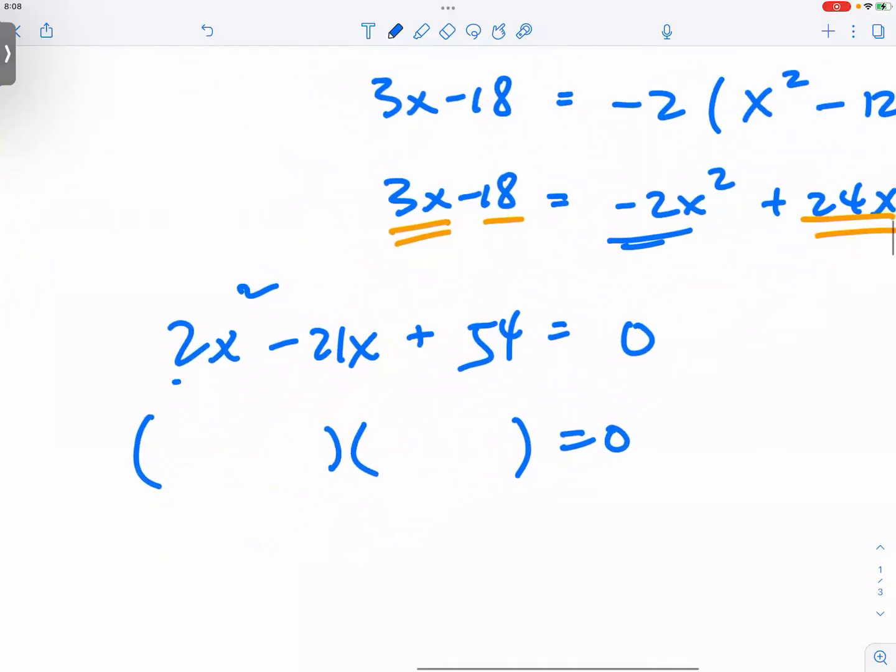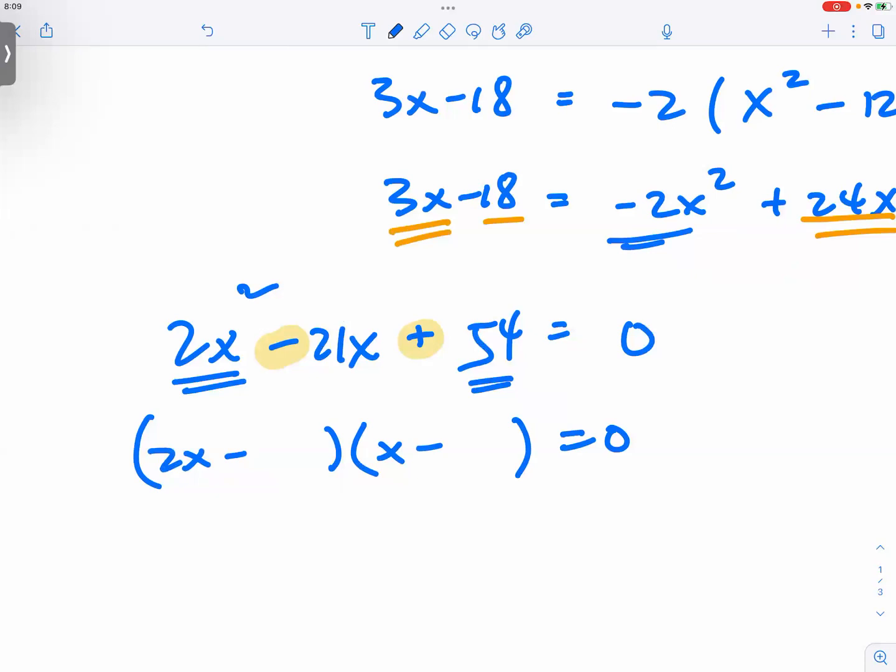And we say, well, it's 2x squared, right? So it's got to be 2x and x. It has to be. The fact that this is a minus and this is a plus means that you have both being minuses. And then what two numbers can give you a 54?